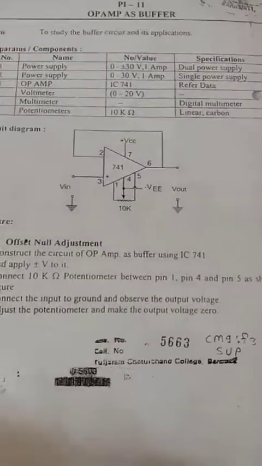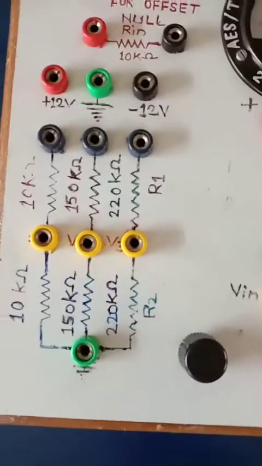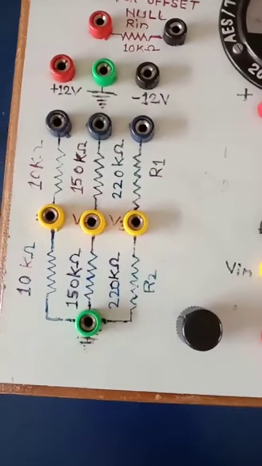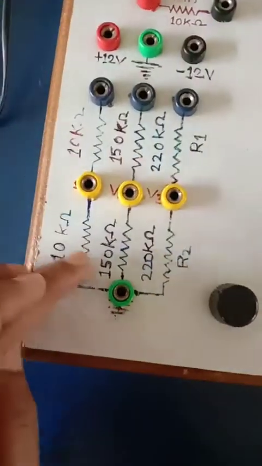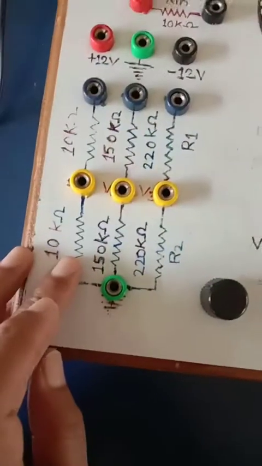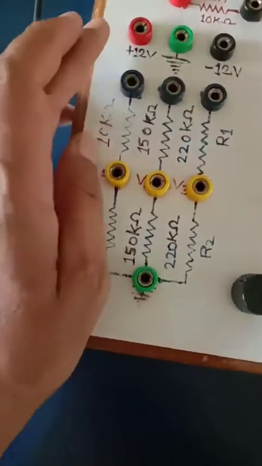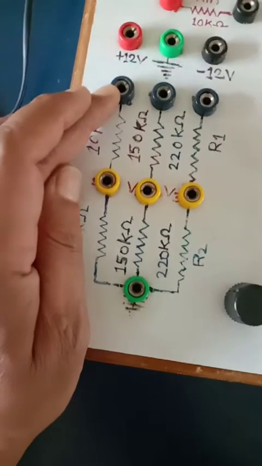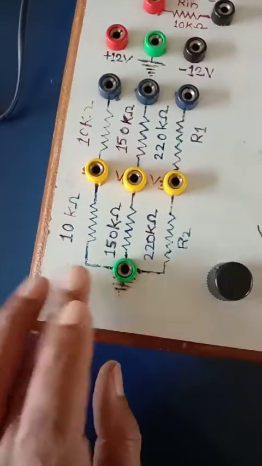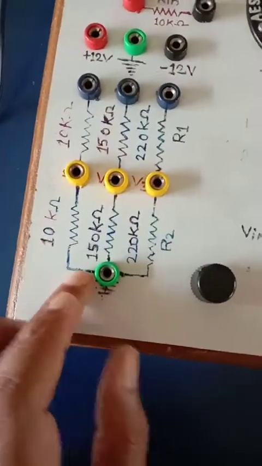So see here in this experiment, we are given 3 voltage dividers. Here two 10 kilo ohm resistors are connected, and this is the first voltage divider. If we apply 12 volt to this voltage divider, then by using the voltage divider formula, first of all we have to calculate voltage across R2.